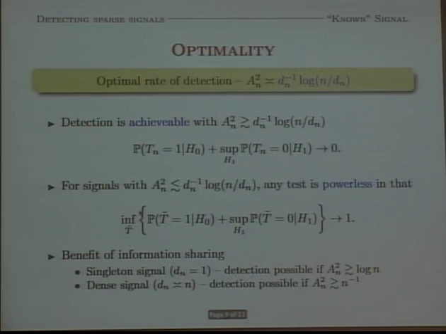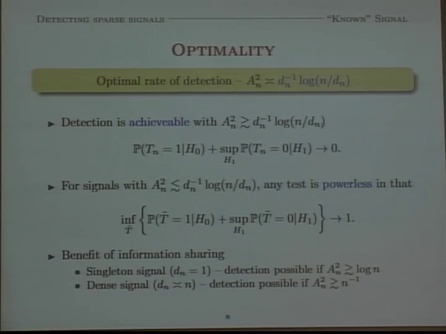And it turns out, with a little bit of calculation, you can also show this would be the best you can do. If the signal really has an amplitude satisfying this condition, then as I mentioned, the likelihood ratio test statistic can achieve consistent detection, meaning that if you sum up type 1 error and type 2 error, it goes to 0.